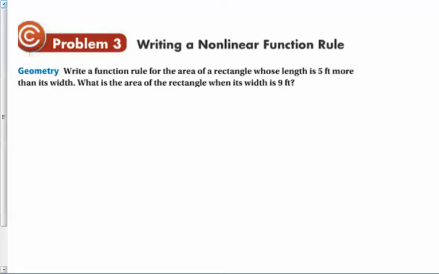What is the area of the rectangle with a width of 9 feet? With this one, the first thing I notice is that it's a rectangle, the length is 5 feet more than its width, and it says area. So I'm going to draw a rectangle.